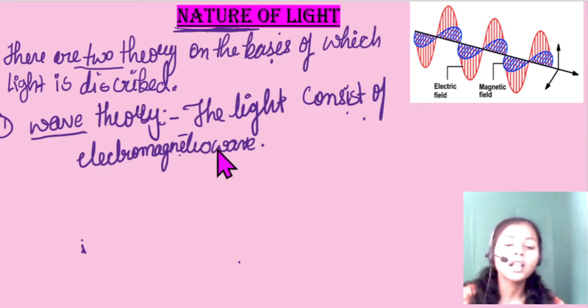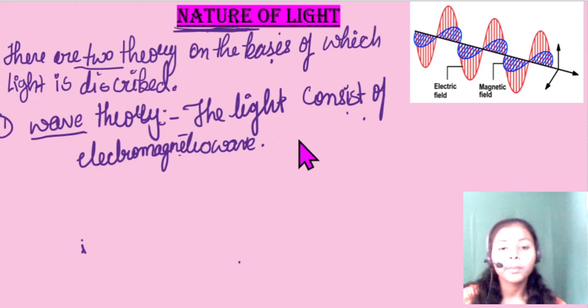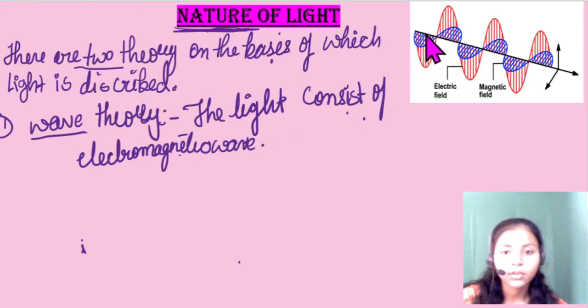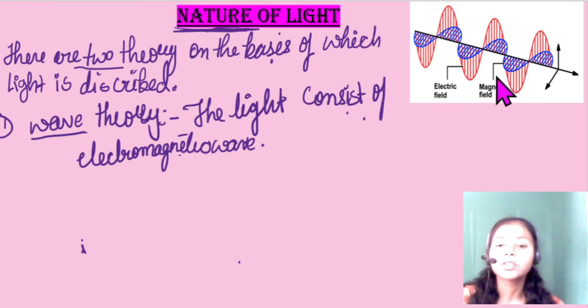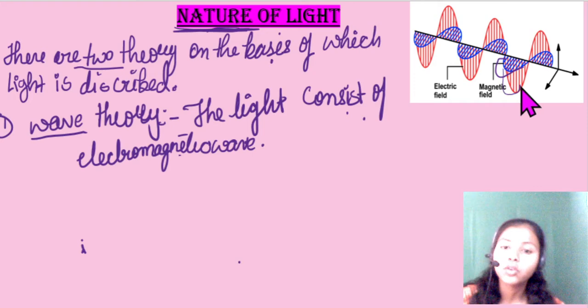So what are these electromagnetic waves? About this we are discussing for only a few minutes here. Electromagnetic waves are those waves in which the magnetic field and the electric field are perpendicular to each other.